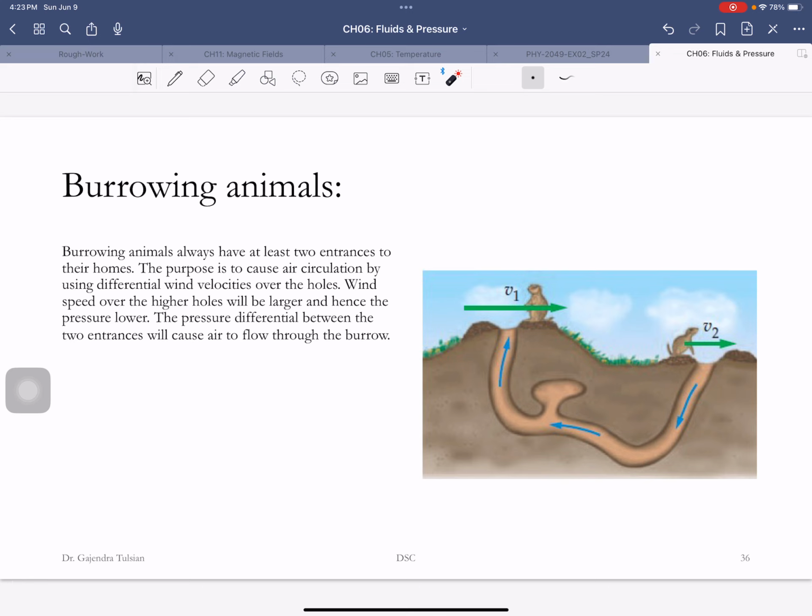So these guys know Bernoulli's effect as well. When they build their underground tunnels, one of the openings is higher than the other opening. And the wind blows faster as you go higher up. So the wind across this hole is faster than this wind.